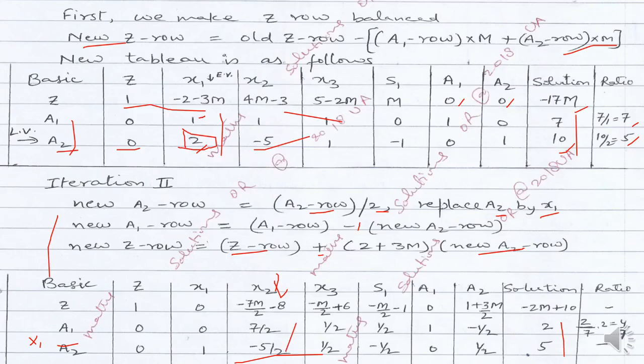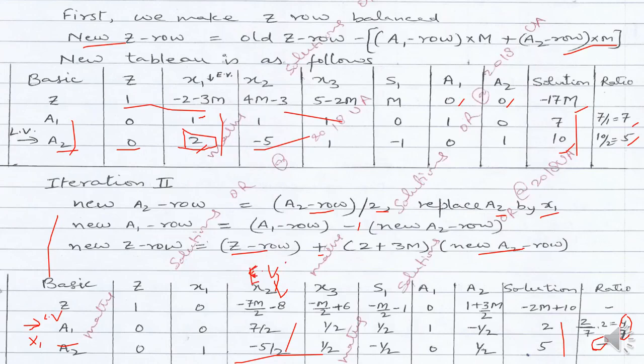Here we see this is 4 upon 7 is the ratio, and this one is negative, so we will neglect it, ignore it, and we will have this as leaving variable. So a1 is leaving variable, and our entering variable is x2.